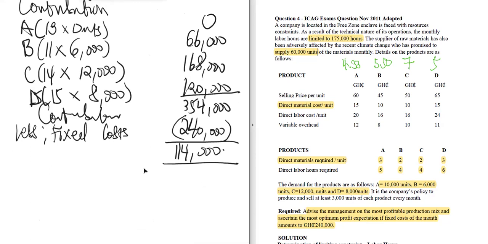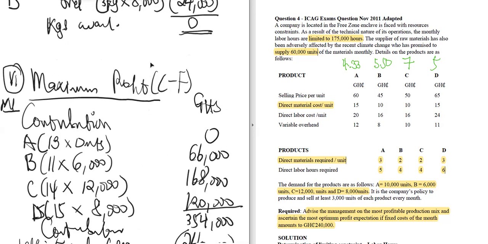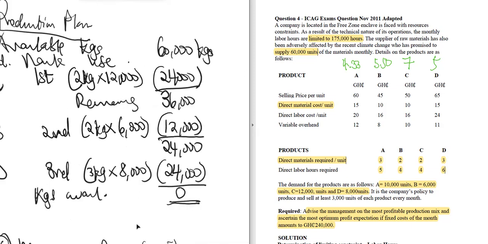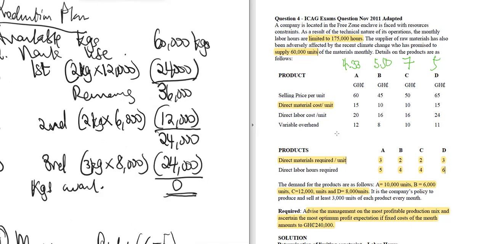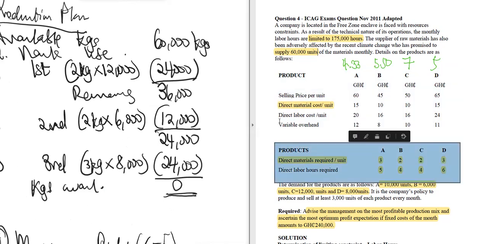And the hours that we have, I think, let's also get the hours down. Sorry. These are the hours. Okay. So I think for A, we didn't produce anything at all. So the hours for A are still 0, right?